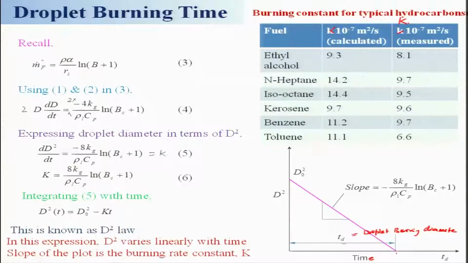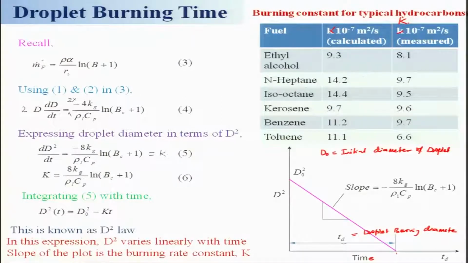D naught is the initial diameter of the droplet, and D is the diameter which will be changing, and it becomes 0 at time TD. That is the thing you should keep in mind. As I told earlier, d square varies linearly with time, and the slope of the plot is the burning rate constant.